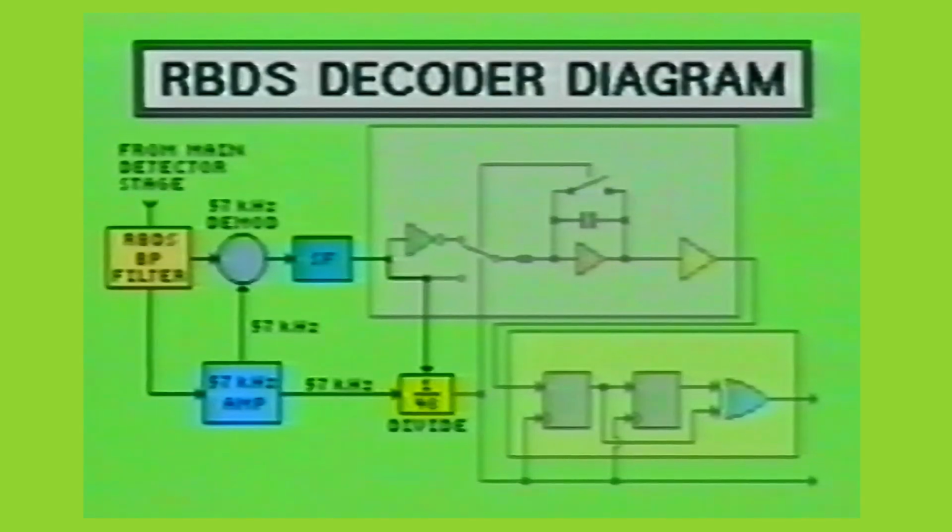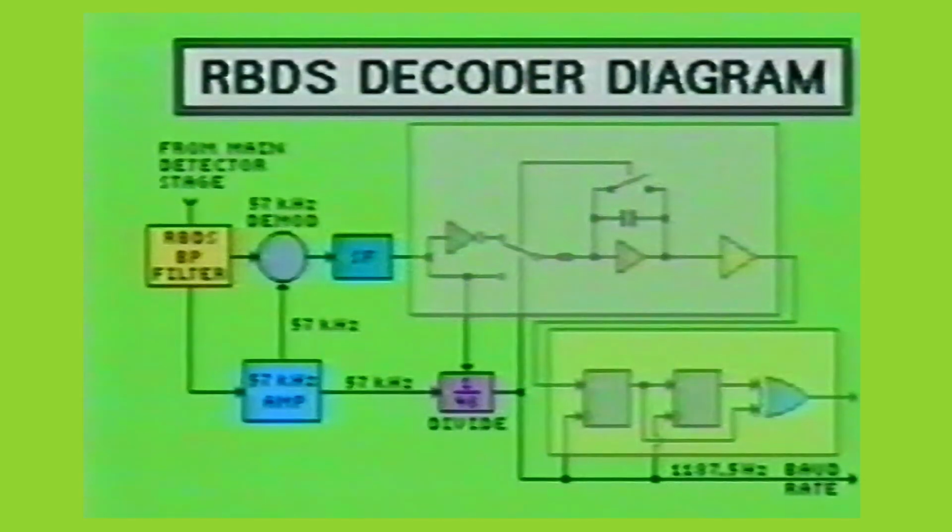Basically, the bit rate clock recovery stage divides the incoming 57 kHz frequency by 48 to establish a bit rate clocking frequency of 1187.5 bits per second. This baud rate will provide a timing base for the data decoding and transfer throughout the RBDS decoder system.